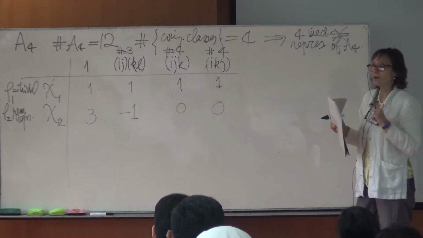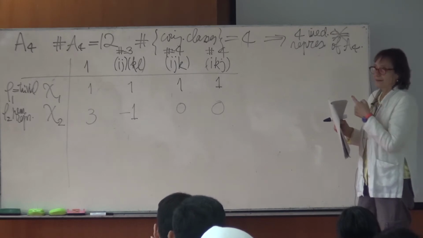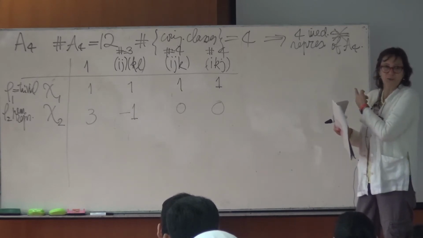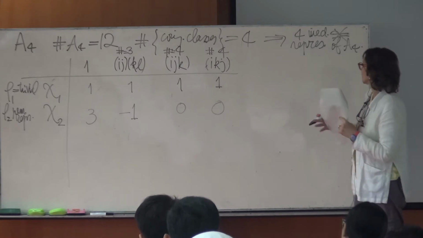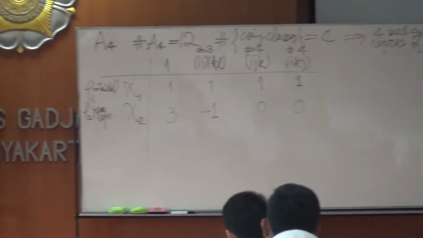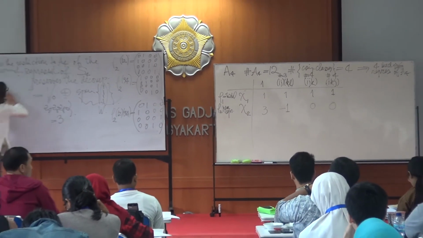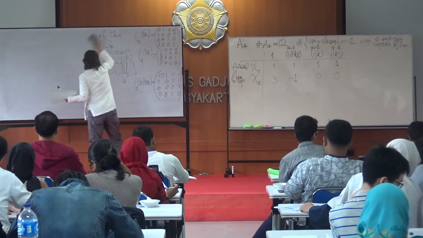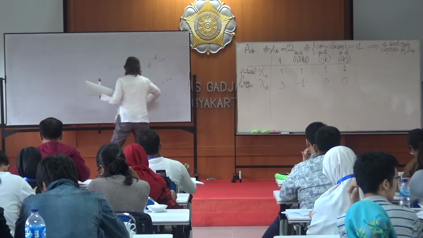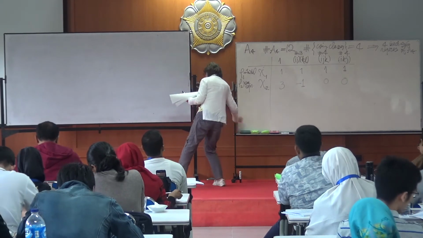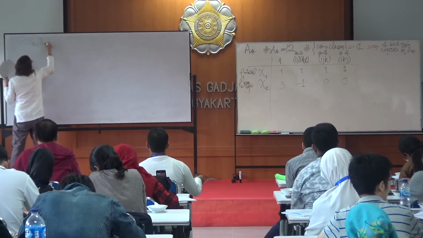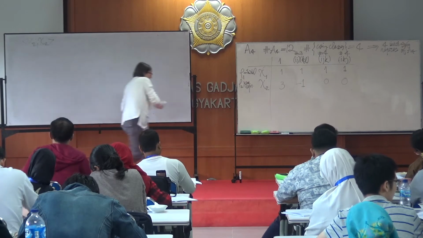But now we use the theorem that says that this representation is irreducible if and only if its character has norm 1. So let's compute the norm of chi 2.